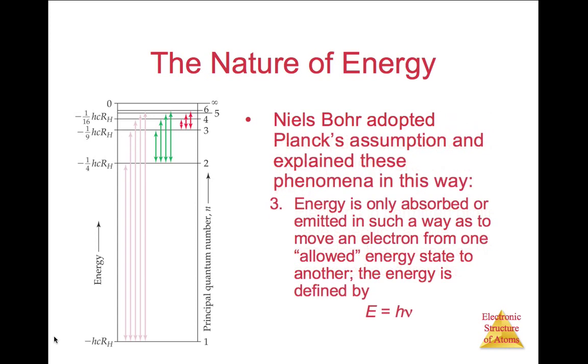Energy is only absorbed or emitted in such a way as to move an electron from one allowed energy state to another, and the energy is defined by E equals h times frequency.